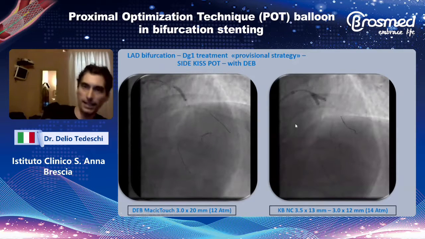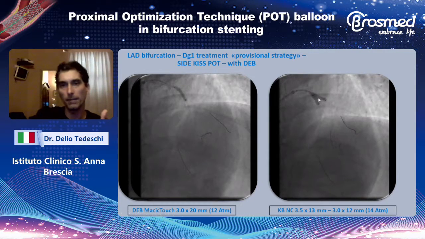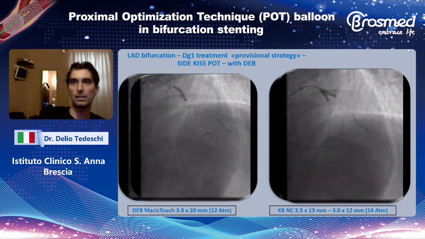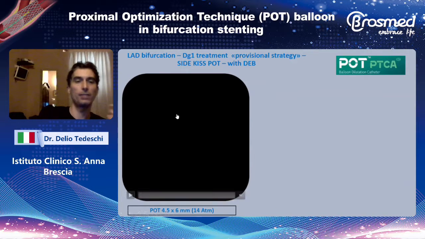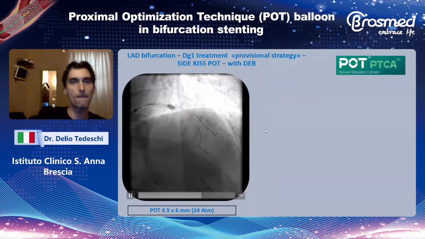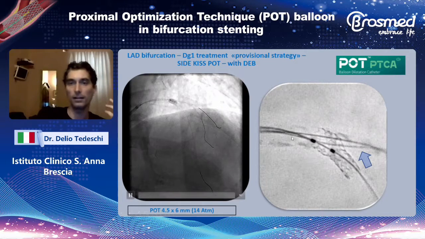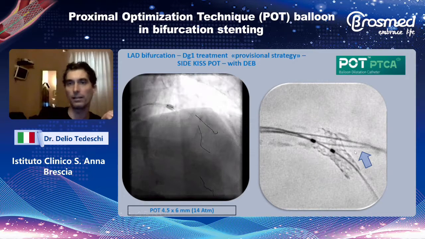And after that, of course, I performed the kissing balloon using 3 and 3.5 balloons, following the 3 diameter rule. And after that, I repeated the POT with the same balloon. We can see here the shape is also very good, and another confirmation of the correct crossing of the second wire in the distal strut.